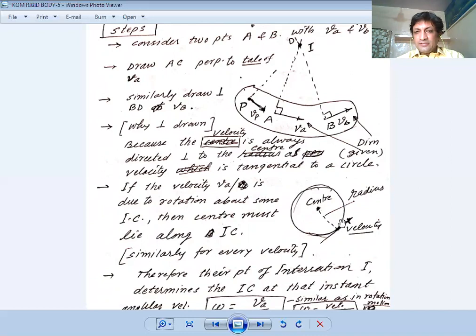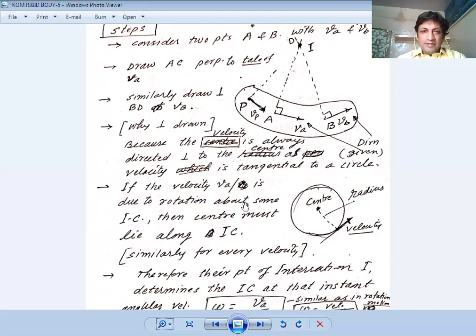You can see this is the radius, this is rotating, and the velocity is always tangential. Where the tangent meets the radius, it is always perpendicular. The radius and the tangent at the point are always perpendicular to each other. That is why this concept has been used.